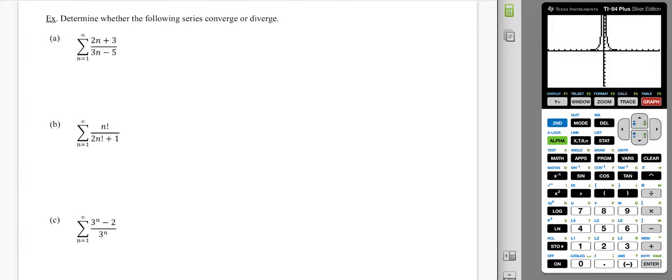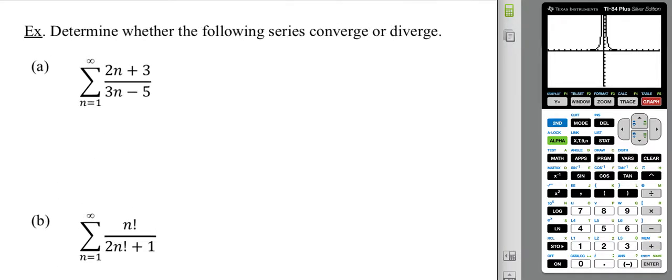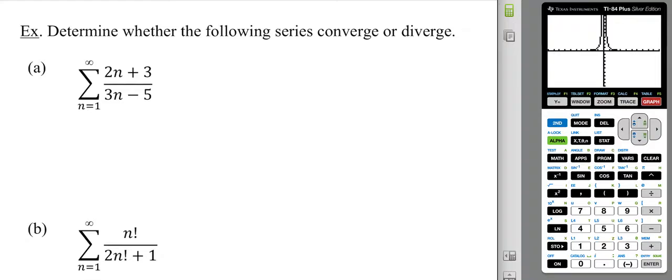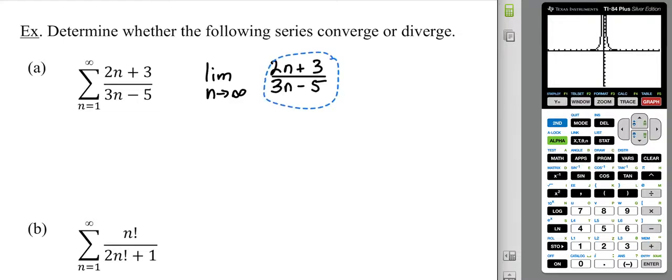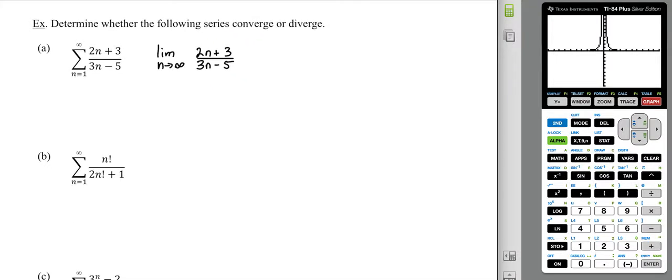All right, so determine whether the following series converge or diverge. It's very vague in the way that it's expressed. So most people start with the nth term test, so that's what we'll do. I'm going to see if the limit as n approaches infinity of 2n plus 3 over 3n minus 5 gives a value that's not equal to 0 or DNE.